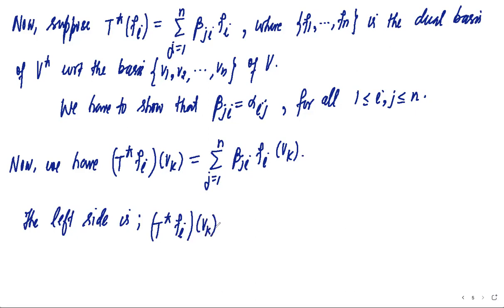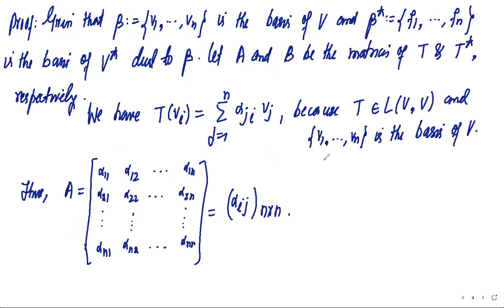of Vk. Now by definition of the mapping T star, the transpose linear operator, this is defined as Fi of T of Vk. But now by definition this T of Vk is an element of V and beta is a basis. So this T of Vk can be expressed in this way.